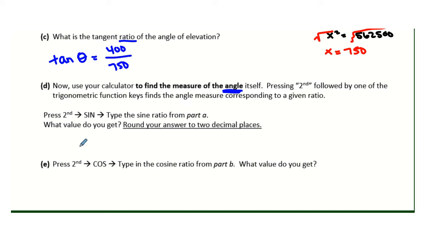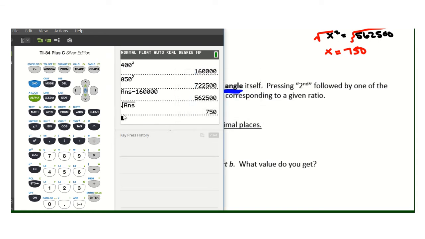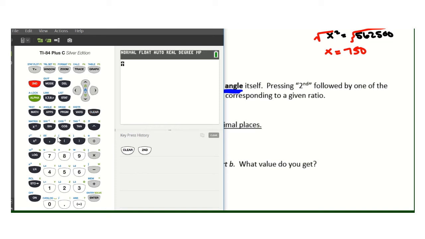So to do this in our calculator, clear everything out again. I'm going to hit the second button and then I'm going to hit sine. And what that does is changes this to the inverse of sine. So the inverse of sine, and now we plug in our ratio.